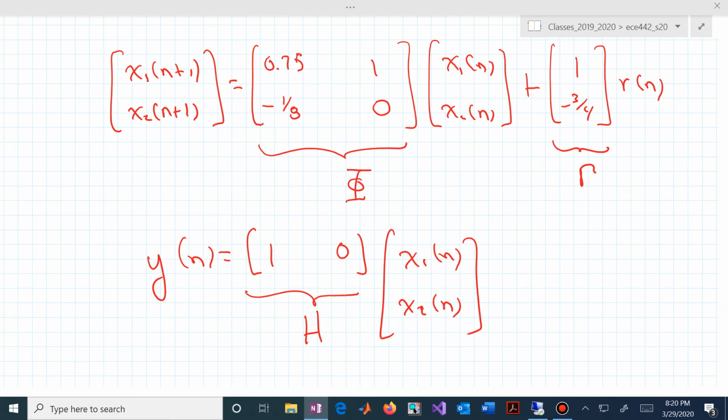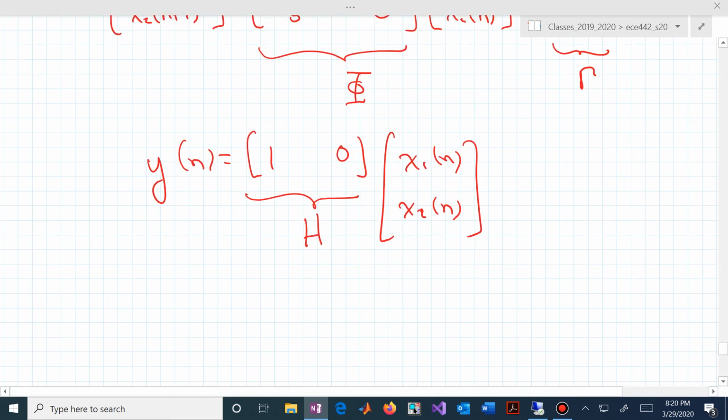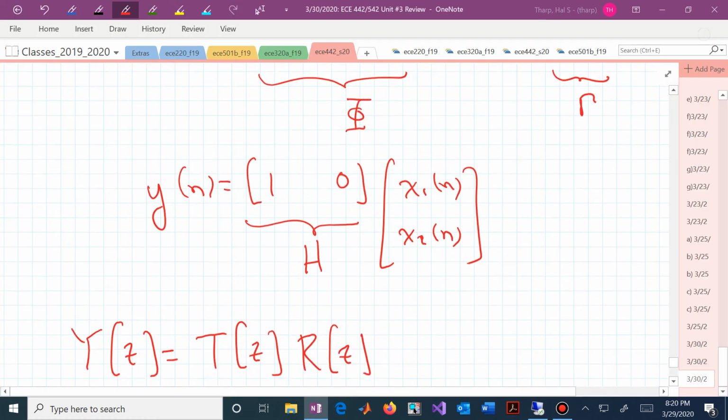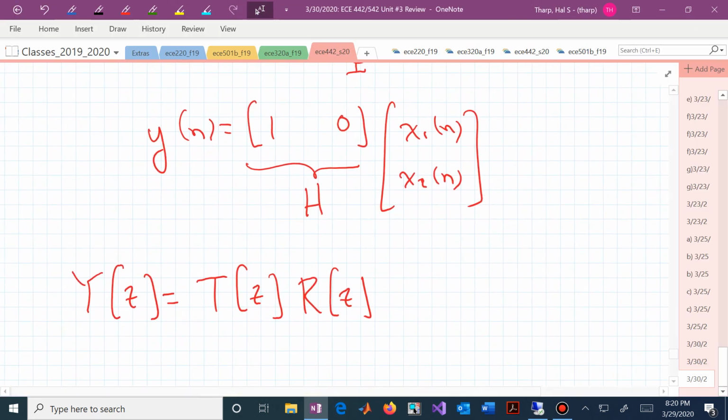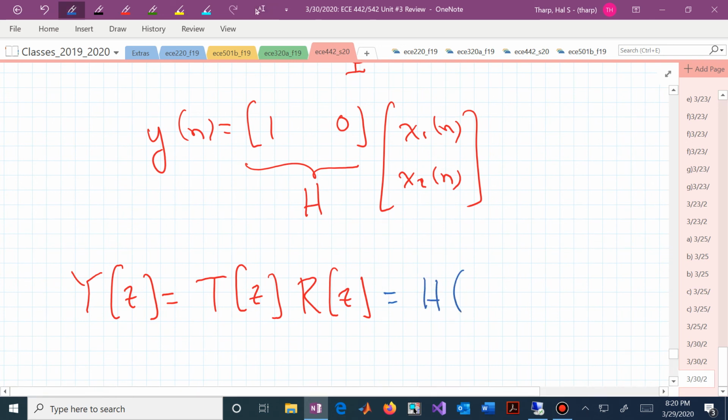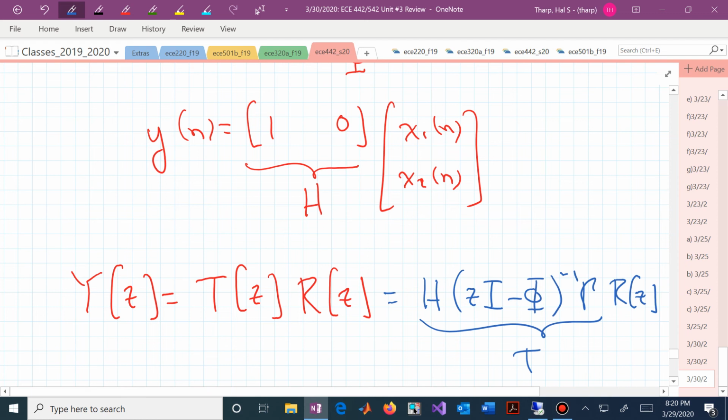If somebody actually gave you the transfer function, in fact what they would have been giving you is this H (zI minus phi) inverse gamma r of z. This is now the T of z.